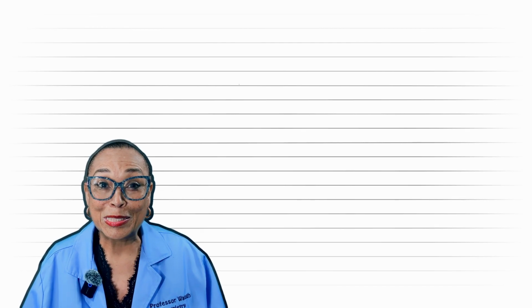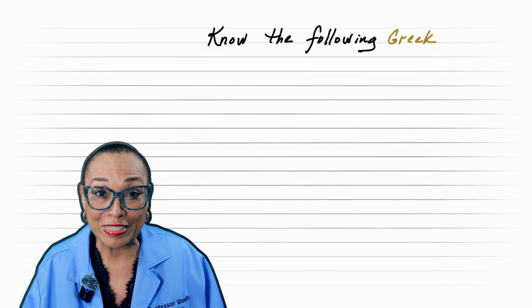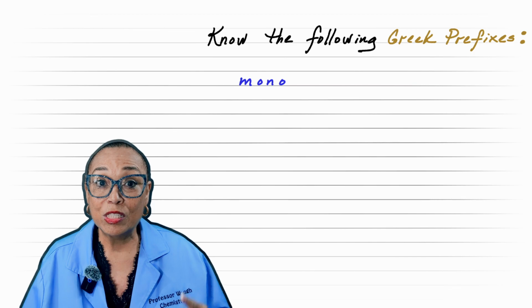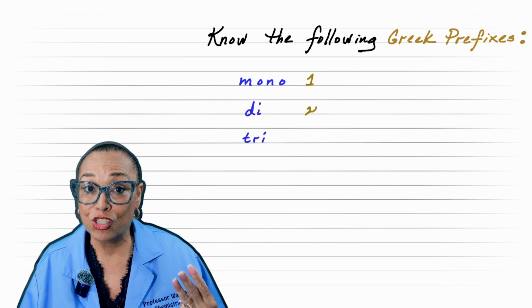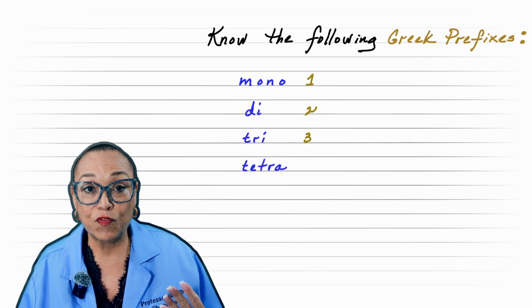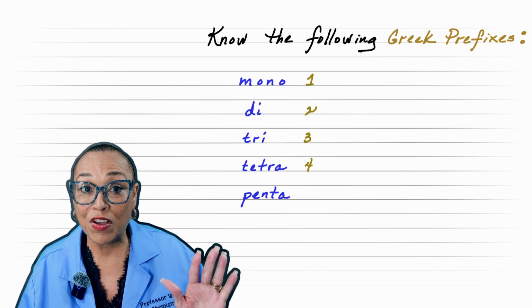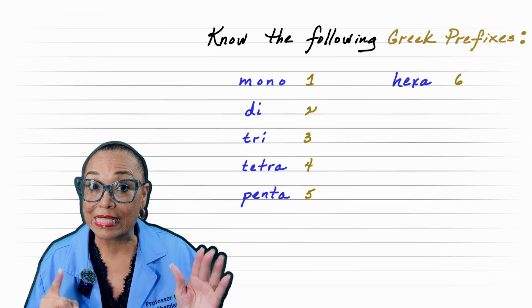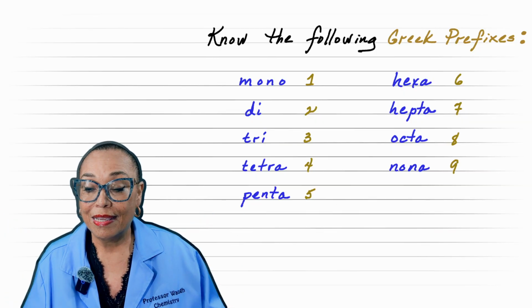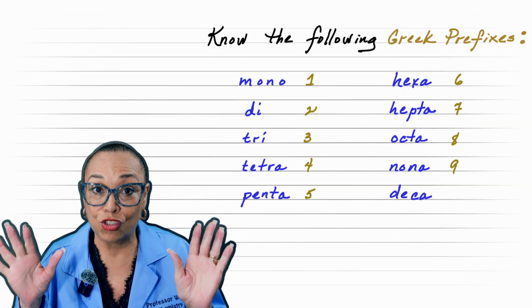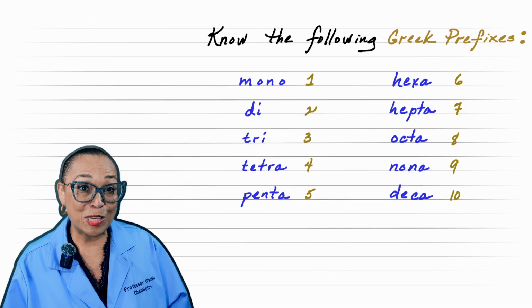All right, now let's memorize our Greek prefixes. So mono means one, di means two, tri means three, tetra means four, penta means five, hexa means six, hepta means seven, octa means eight, nona means nine, and deca means 10. Now think about it.